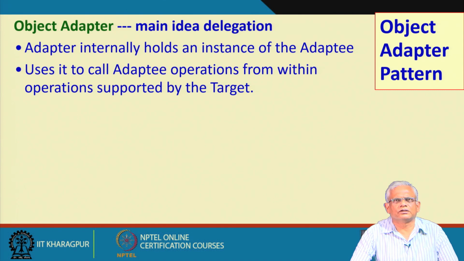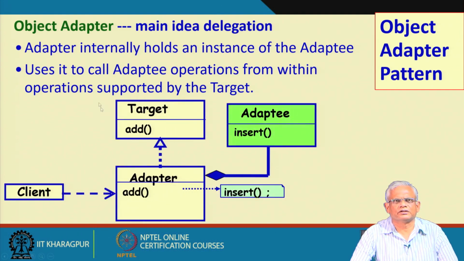In the object adapter pattern, we just store a reference to an instance of the adaptee class. We first create an adaptee object and store the reference in the adapter class, and whenever there is a call to the adapter, it just calls the corresponding method of the adaptee object. So, this is the class diagram. The adapter implements the target interface.